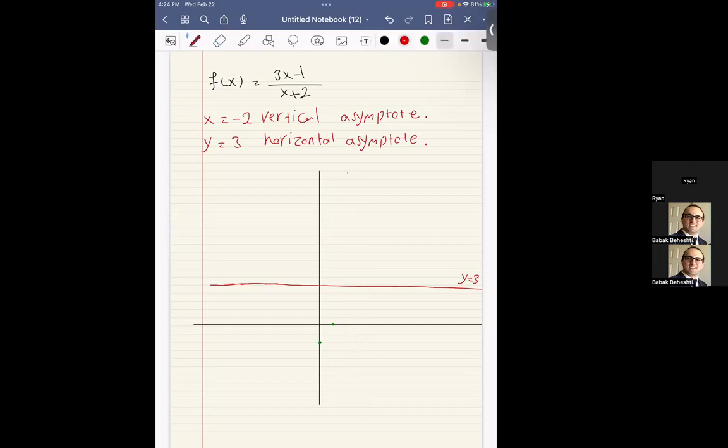So you have x equal to -2. Okay, now I can draw the graph. It's like this.